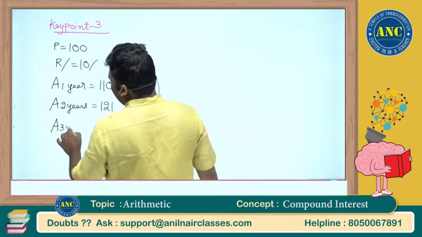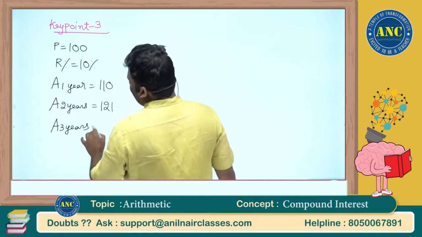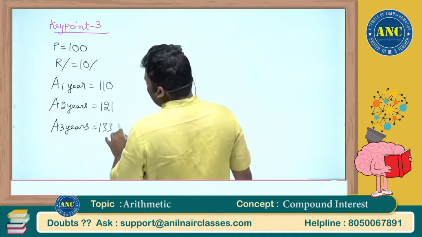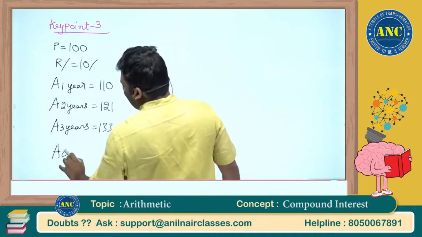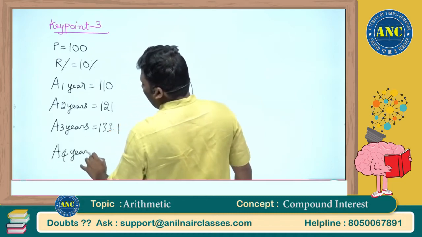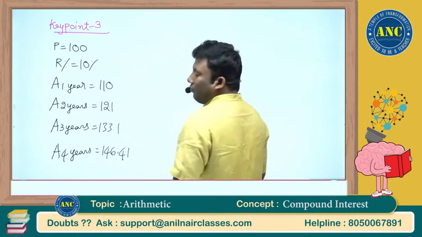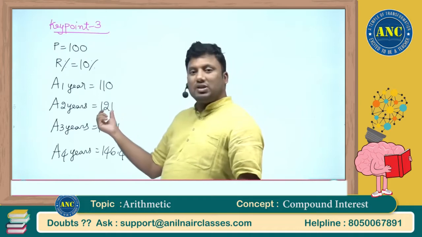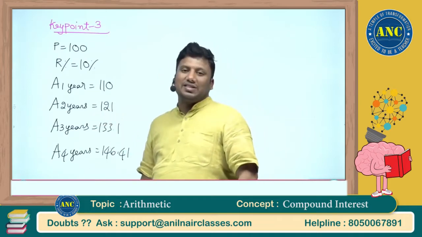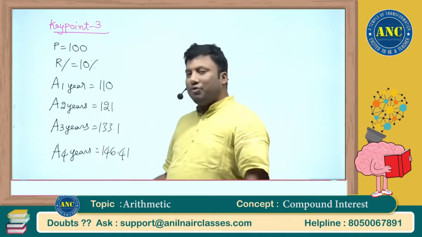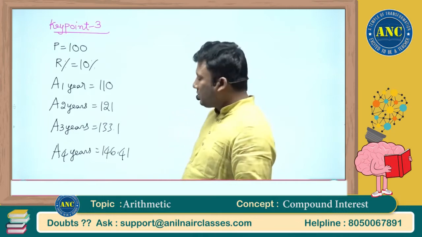The amount at the end of 3 years is 133.1, and the amount at the end of 4 years is 146.41.